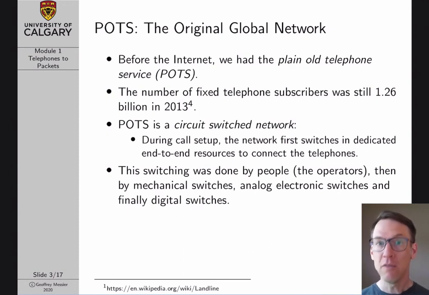It would have been expensive. Long distance telephone calls were really pricey for much of the lifetime of the POTS network, but it was a significant achievement and really set us up for realizing the internet, as you're going to see as I progress through this lecture.